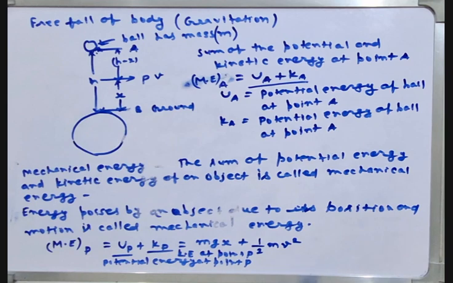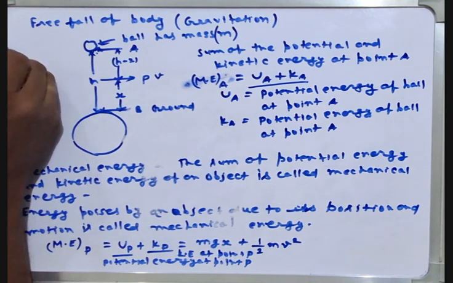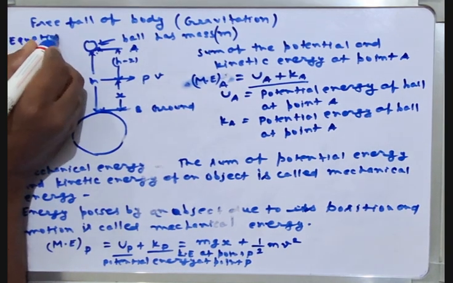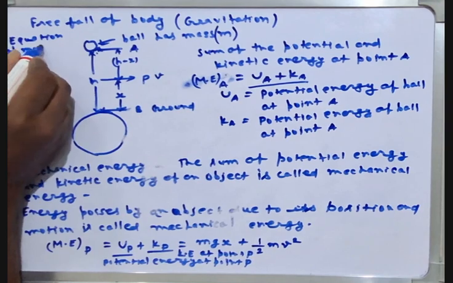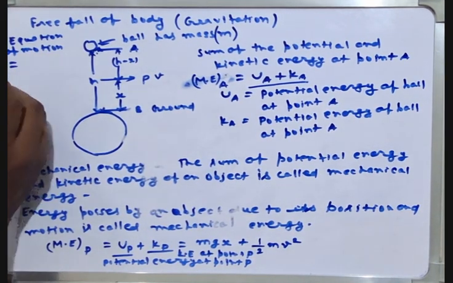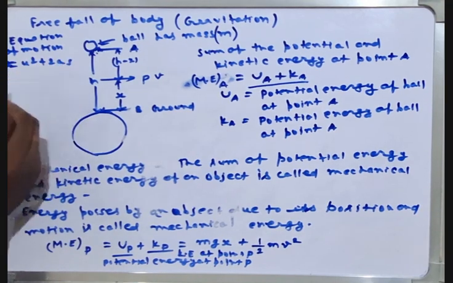Okay, so you know here the equation of motion, that v square equals u square plus 2as.